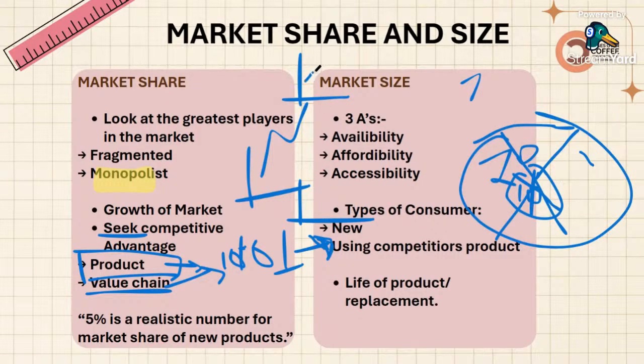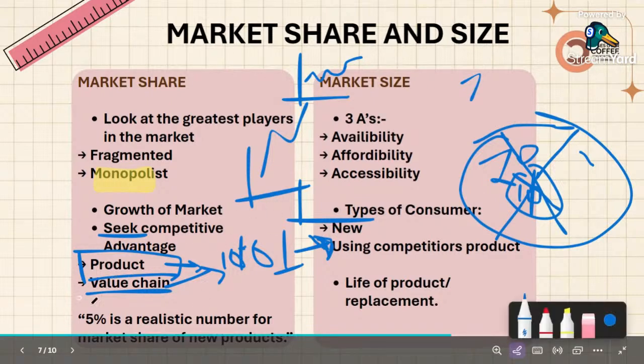Let's say they have the dominance. So now we need to understand the current value chain, and then we need to make certain decisions accordingly. Now let's say we can take an assumption in this case. 5% is considered a realistic number, but you can confirm that with an interviewer when you're solving the cases.